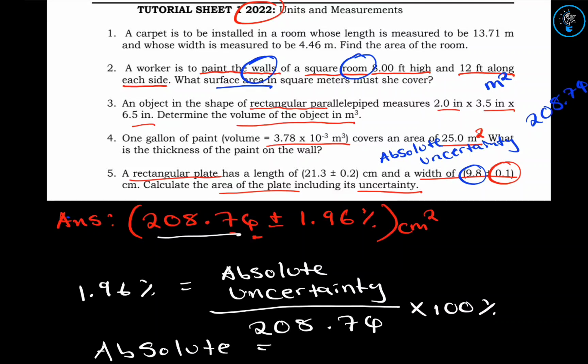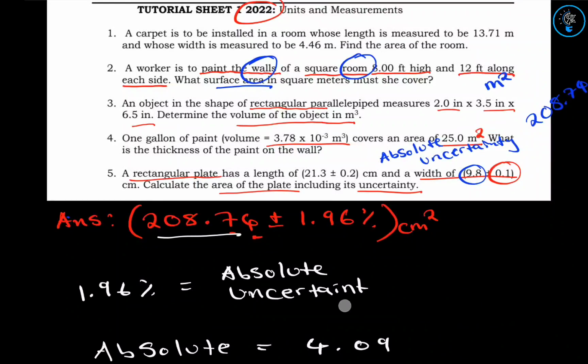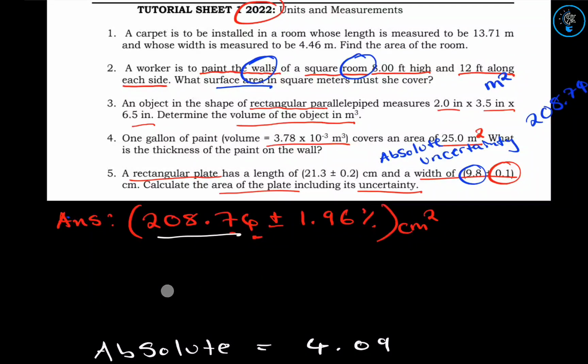Okay, I made a mistake, let me do it again. Divided by 100 times 208.74. You're going to get a value of 4.09.